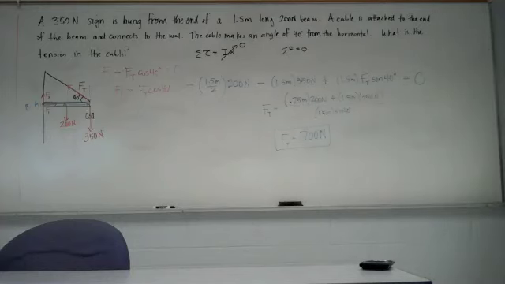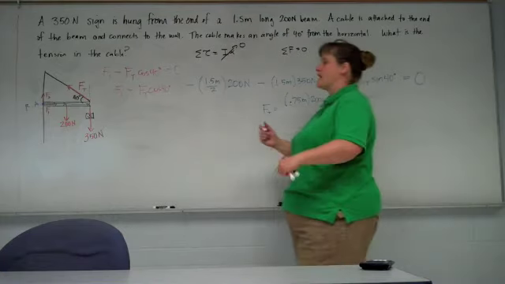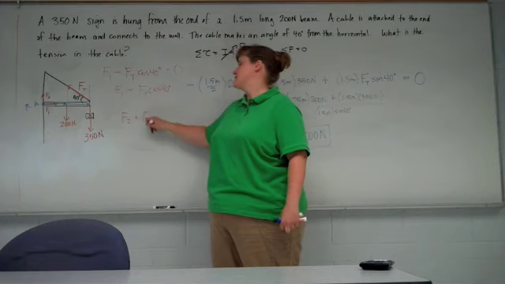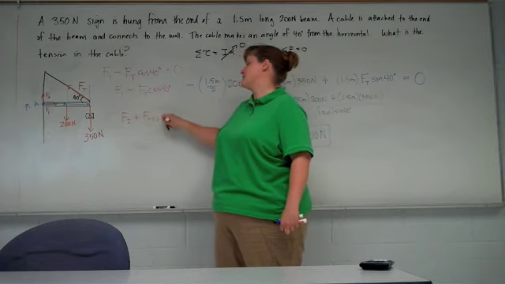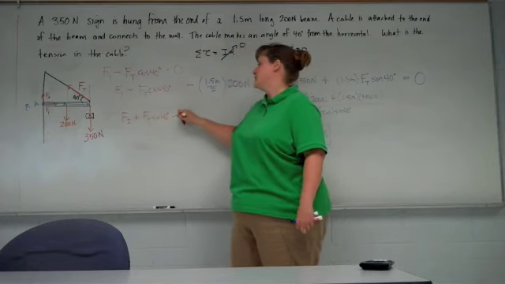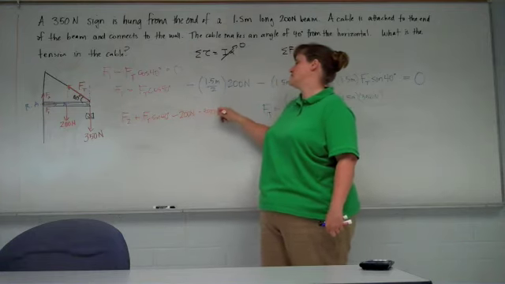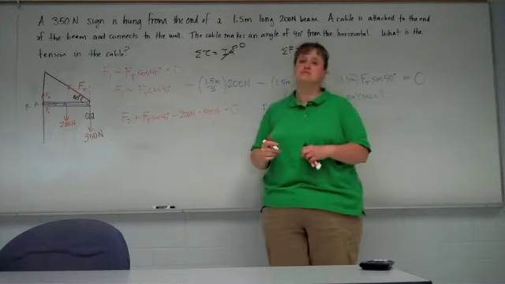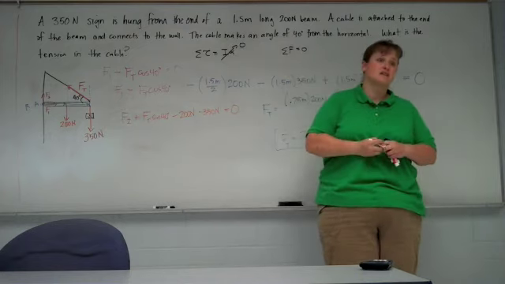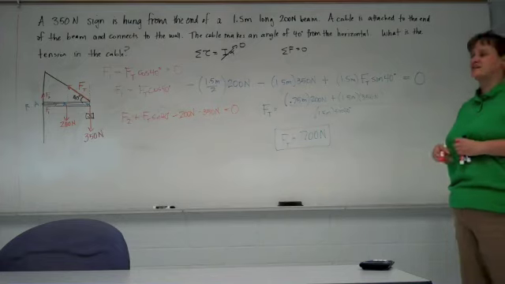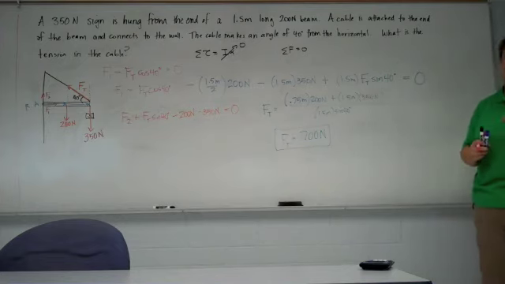Just using a traditional Cartesian coordinate system, we'd have F2 plus Ft sine 40, because that's the vertical component, minus 200 newtons, minus 350 newtons. That would all have to equal 0, because it's not accelerating vertically either. That would allow you to find F2, the force that the wall's pushing upwards on the beam.